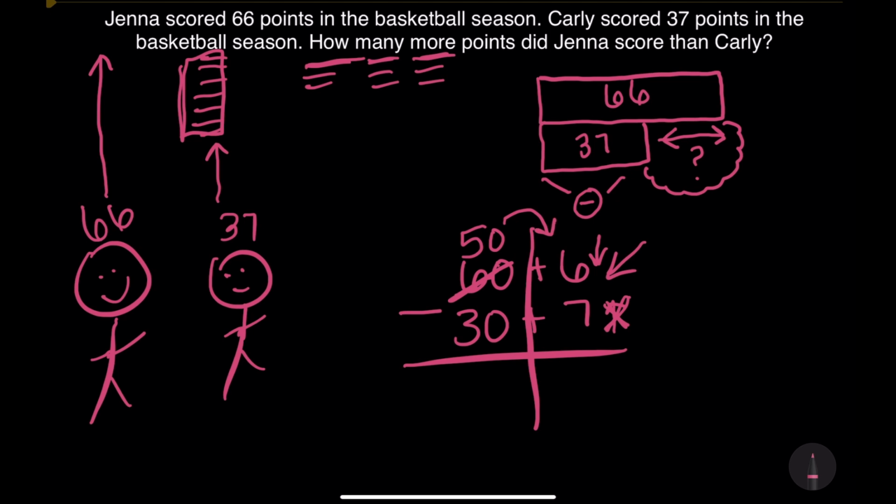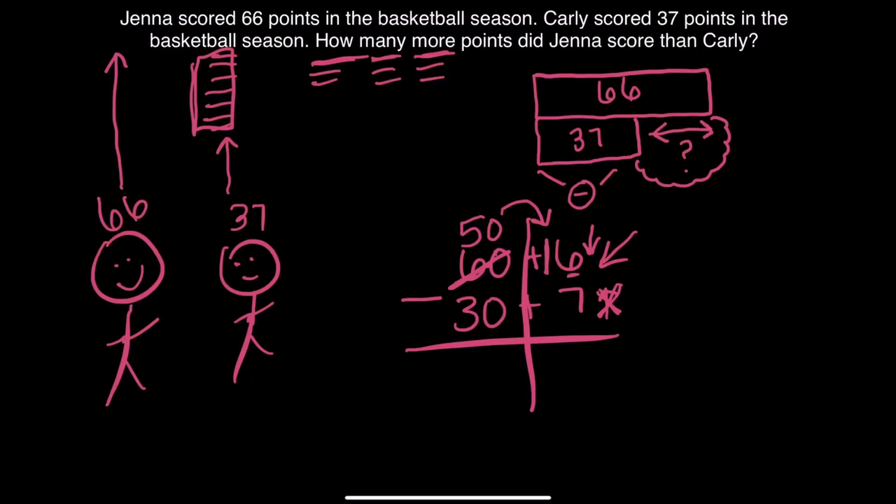I'm taking a 10 away from the 60 and I'm moving it over here with the 6 in the ones place. I'm just regrouping. I still have 60. I just moved 10 over here with the 6. 6 plus 10 is 16.